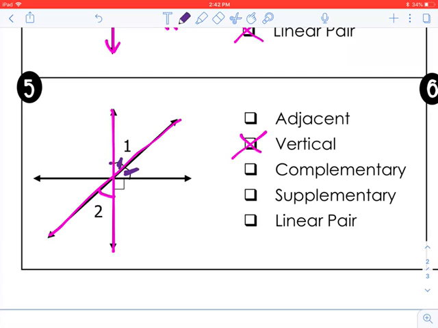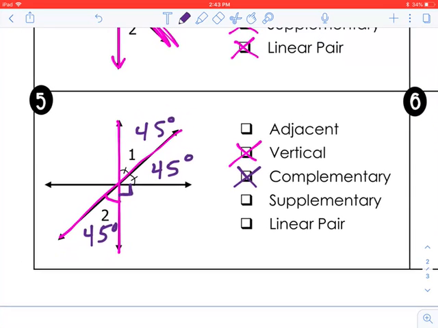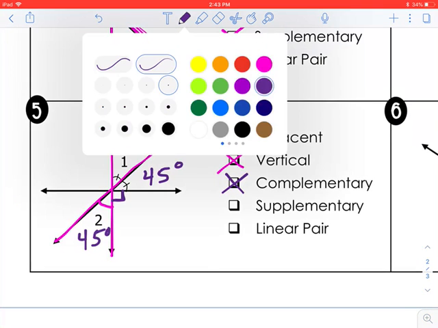And if they add up to 90, since this is a perpendicular situation, since this is 90, this has to be 90. And if they're the same, that means this is 45 and 45 because they have to add up to 90. Now, if this is 45 and this is 45, well, don't these two add up to 90 as well? That's a tough one to think about, but that is complementary in this case because 45 plus 45 is 90. They don't have to be right next to each other to be 90.